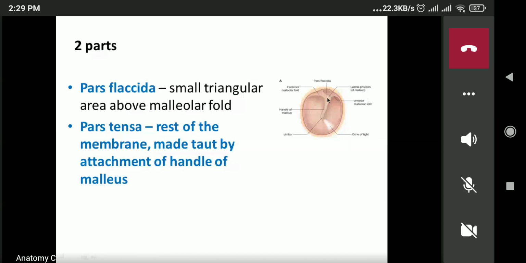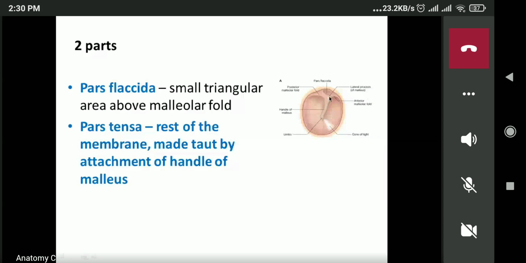Now the remaining part of the tympanic membrane is known as the pars tensa. The pars flaccida is loose, whereas the pars tensa is very much tensed. It is made taut by the attachment of the handle of the malleus.